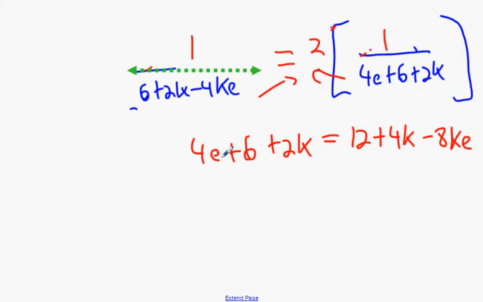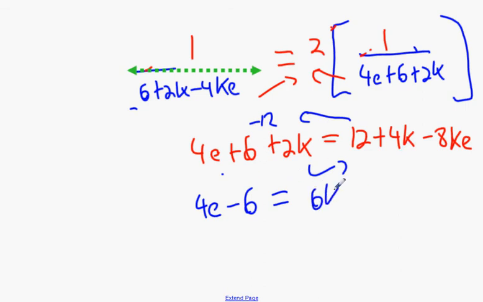Nearly there. So, what I'm going to do is bring everything that has a k onto one side and everything that hasn't got a k to the other side. So let me bring the 12 over here and bring the k's over here. No, leave the e where it is. So 4e minus 6. Everybody happy with minus 6? 6 minus 12 is minus 6.